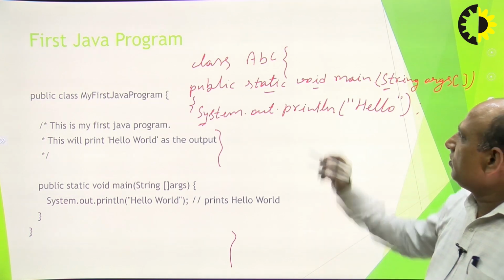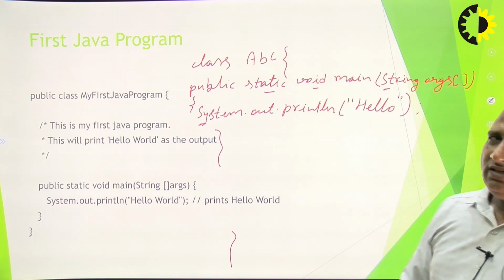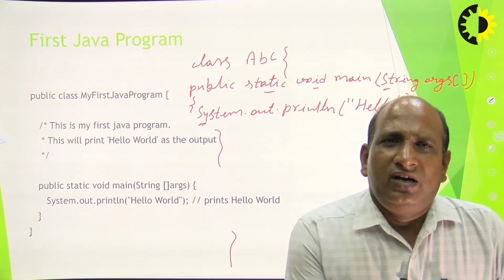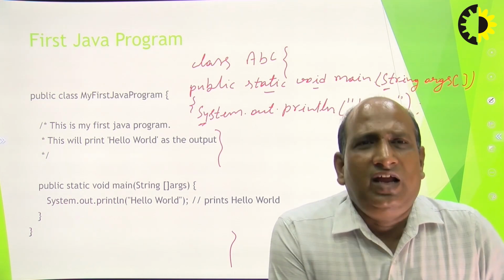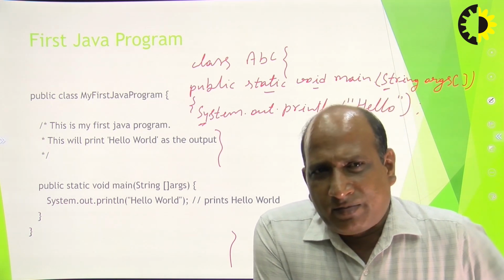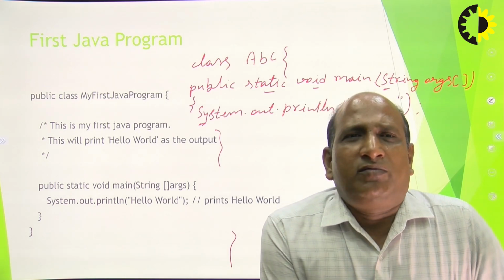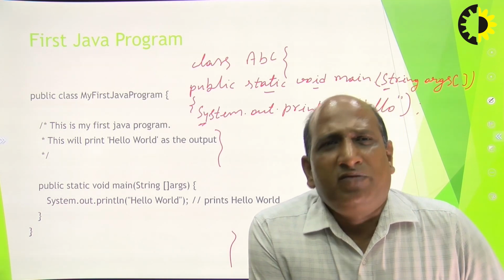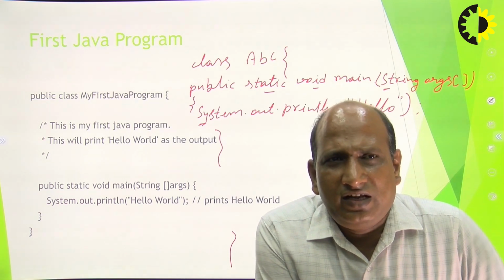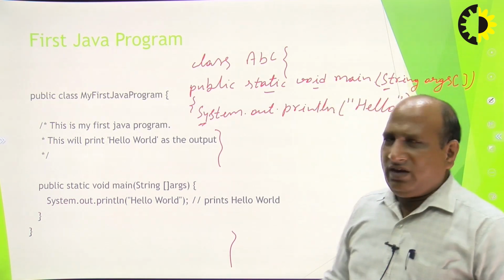This way you can create a class. If your file has a number of classes, then try to save that file with the name of the class that contains the main function. Otherwise, I will show you.